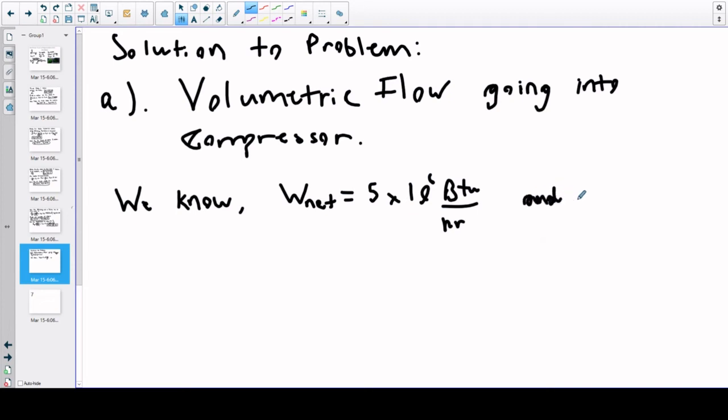I think it's AV, so area times velocity, divided by specific volume is equal to mass flow rate. I think I write it out here, but yeah, see, if you moved over the specific volume, you'd get the equation I just said, because area times velocity is volumetric flow rate, I guess you could say.